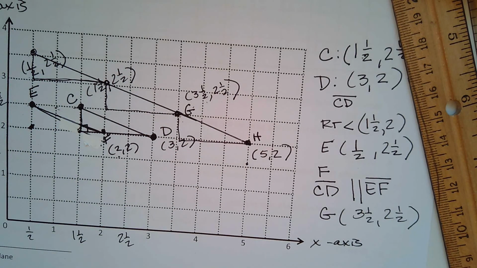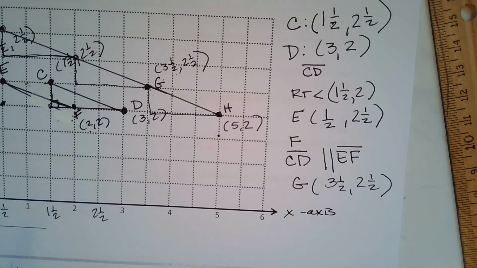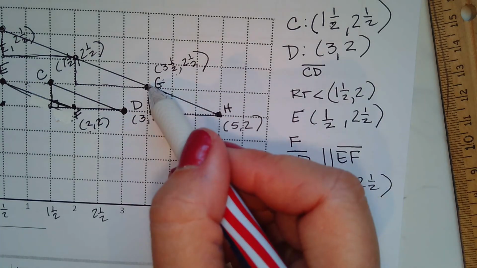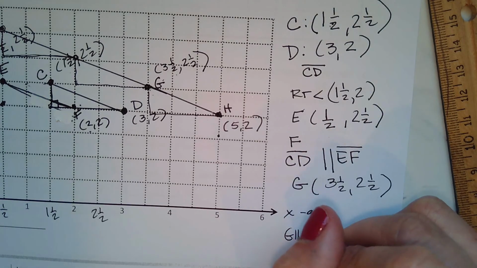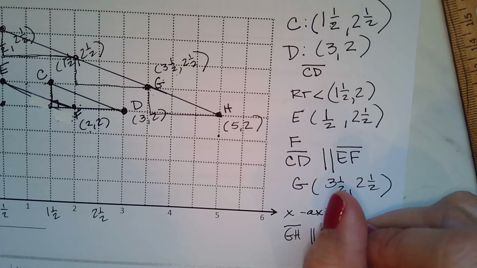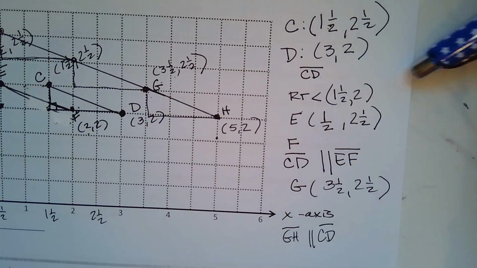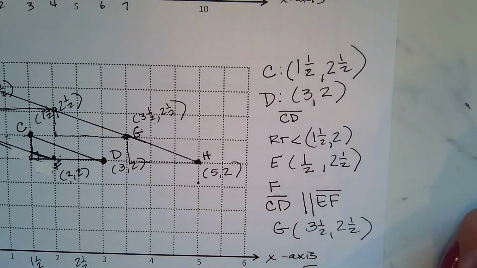Now, what is the relationship to all of this? Well, this segment GH is going to be parallel to CD. GH is parallel to CD. All right, that's essentially what we're doing in our problem set.